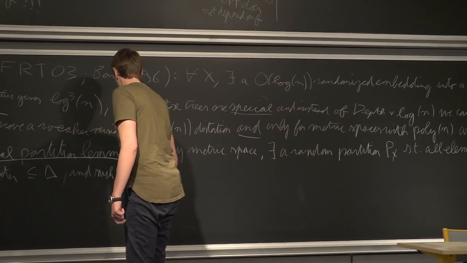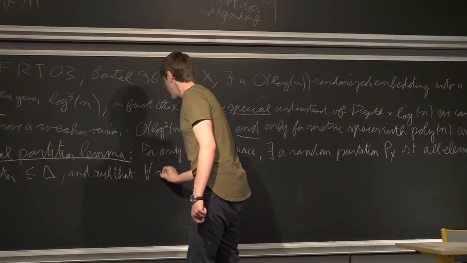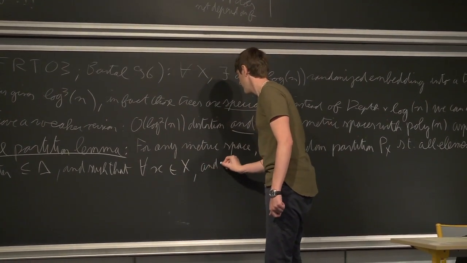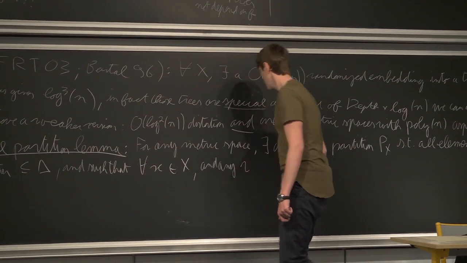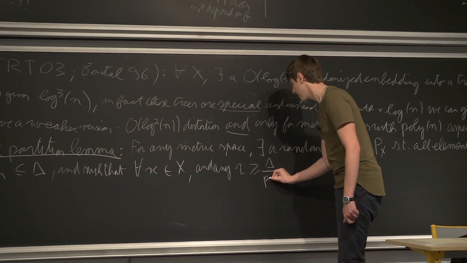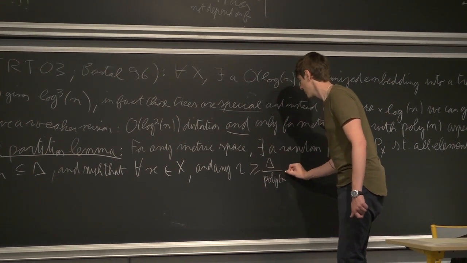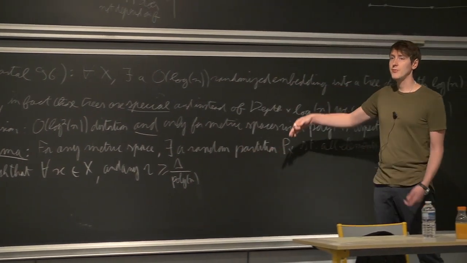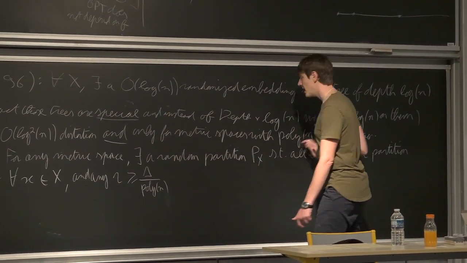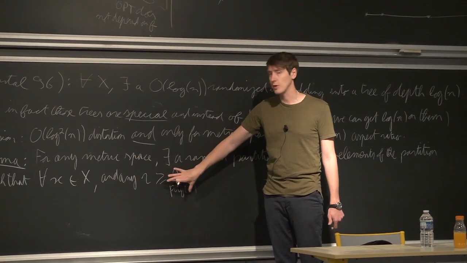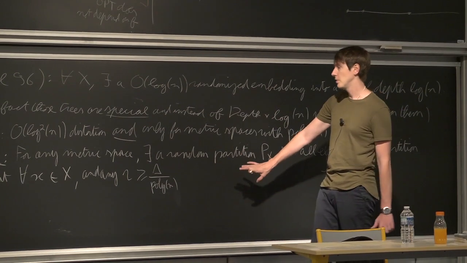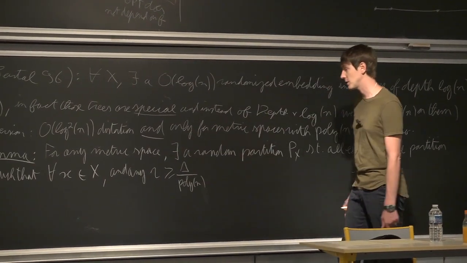for any fixed point x in X, and any scale r, which is not too small. So it has to be bigger than delta over poly n. Okay, so this is where if the metric space was of poly n aspect ratio, this is not an assumption, to have a scale not too small. Okay, there are no scales smaller than that. But in general, here I didn't assume that it has a small aspect ratio.